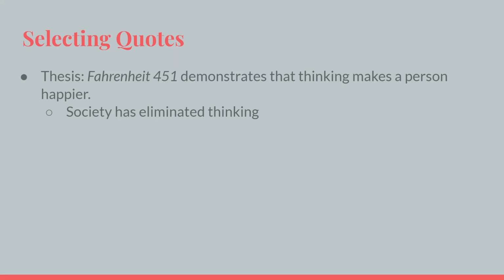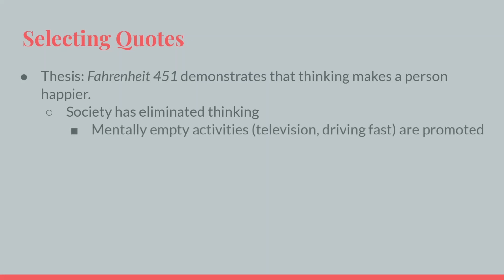My first piece of evidence is that mentally empty activities, like watching television or driving fast, are explicitly promoted in this society. In order to talk about this, I thought Clarice would be a good example because she doesn't do those things and she thinks, so she's really an outlier in society.